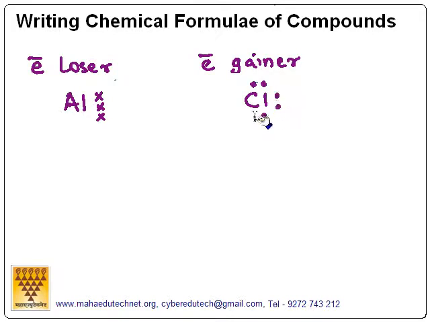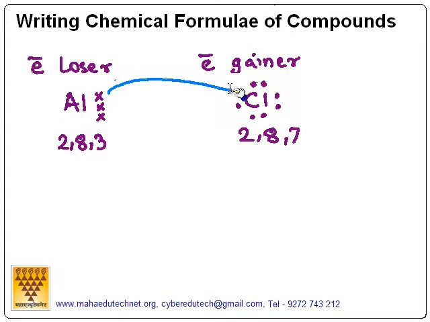Aluminium has 3 electrons in its outermost shell and it wants to lose these 3 electrons to attain stability, whereas the chlorine atom has 7 electrons in its outermost shell and it wants to gain 1 electron to attain the stable state. Now this aluminium can give 1 electron to this chlorine, but aluminium has 2 more electrons to lose.